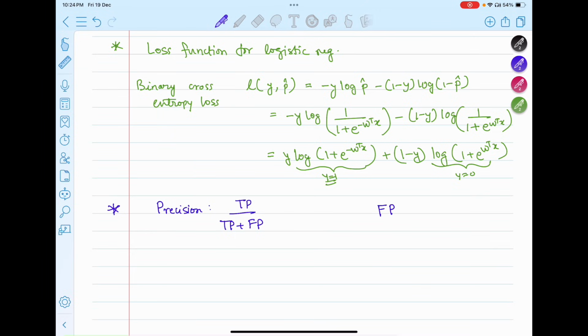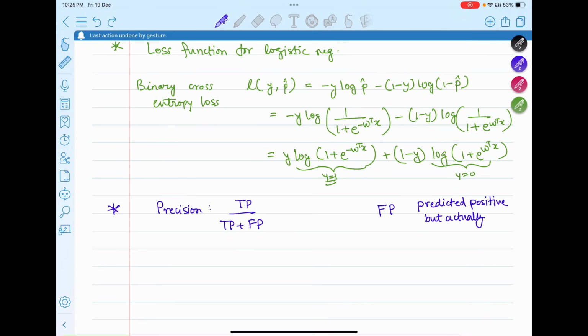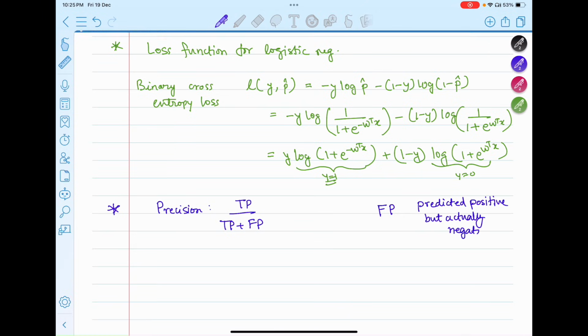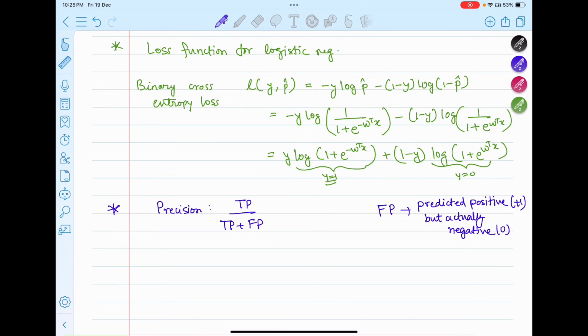False positive means it is predicted positive, but actually negative, or actually zero. Positive means plus one, negative means zero. So that is false positive.